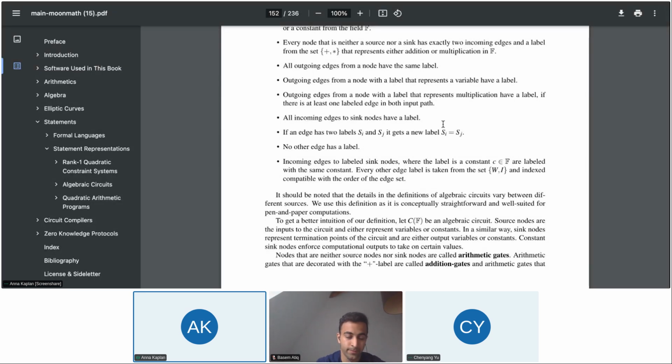So the idea in general is that if you have sink nodes, they have a label, and if there's a variable involved, the outgoing node is going to have a label. And if you have a multiplication with an edge where there is a label, you're going to have another label. So that's kind of the idea. I don't know if this helps.